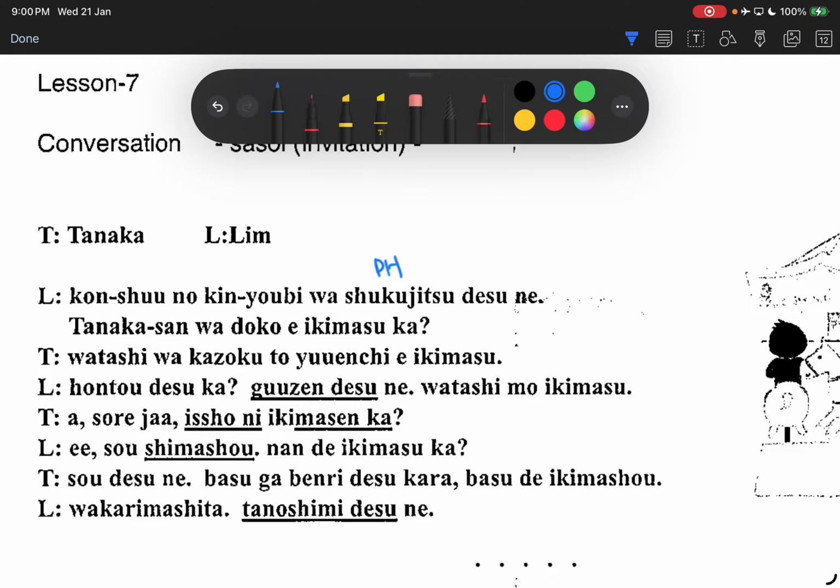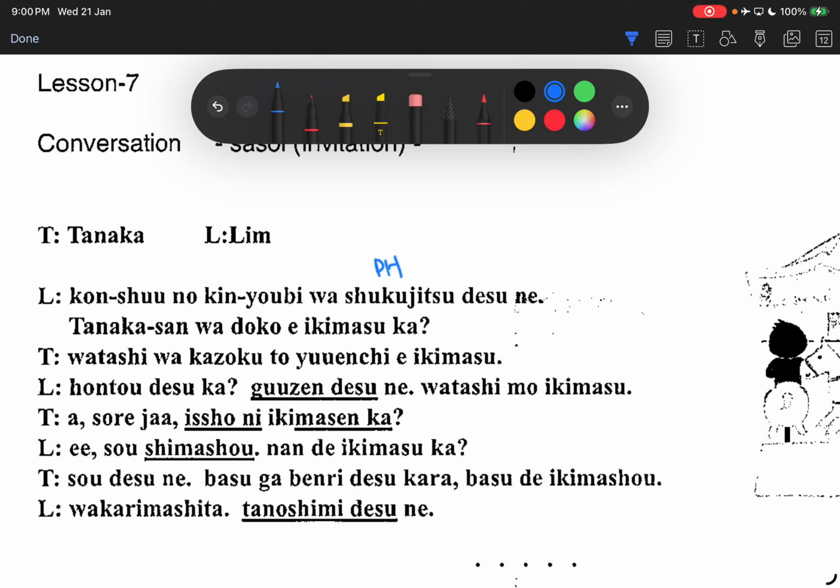So please don't make the mistake when asking for direction. If you ask for 幼稚園, they will bring you to the nursery, then you'll be like, what am I doing here? So please be careful in asking and saying, don't say the wrong thing. Okay, 遊園地, amusement park. 幼稚園, nursery.